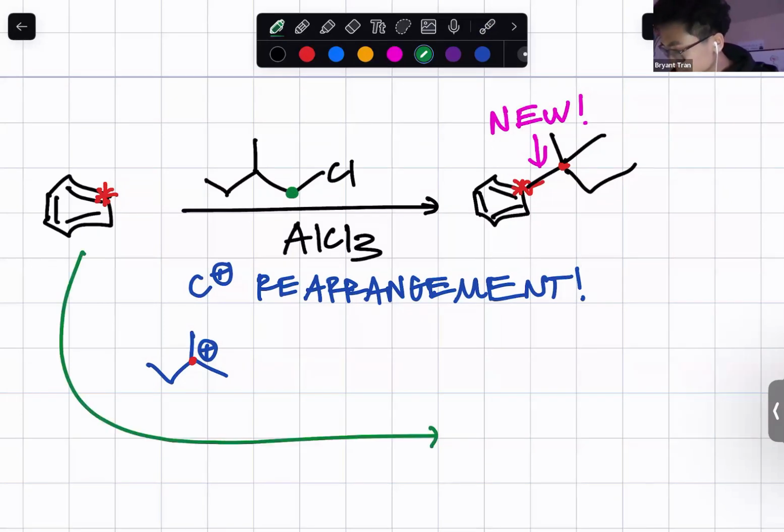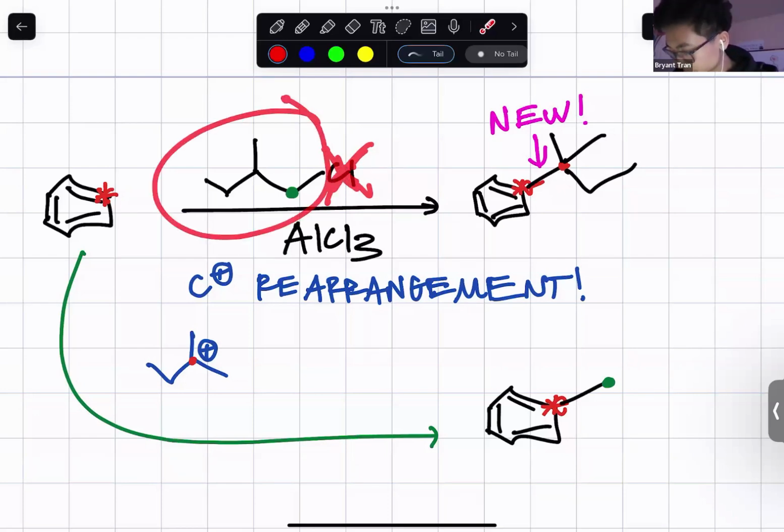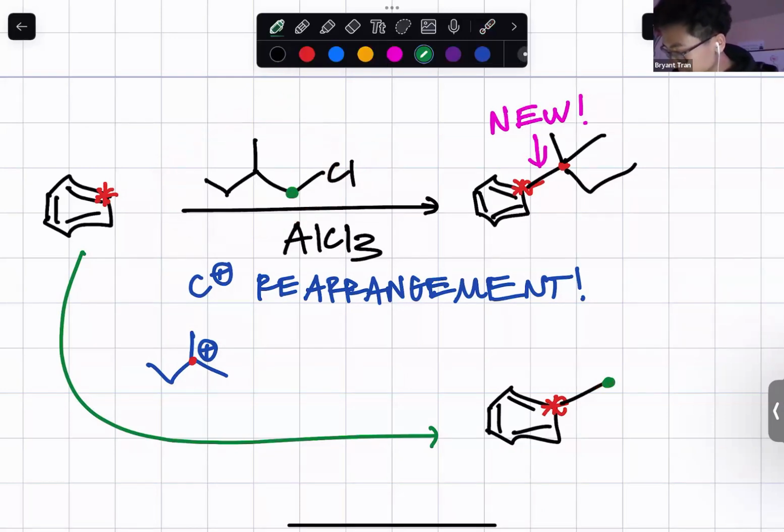And let's say that you make a new bond between this red starred carbon and this green dot right here. The leaving group leaves, so it dissolves into an ion. If we attach this red star to that green dot, that green dot is attached to a sec-butyl group.